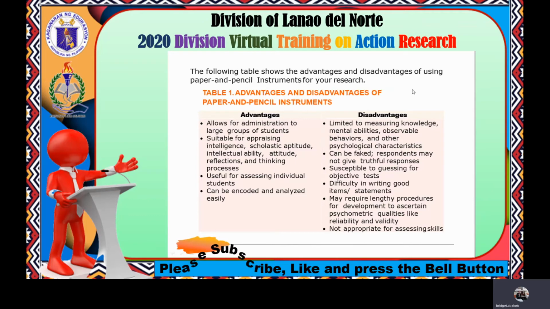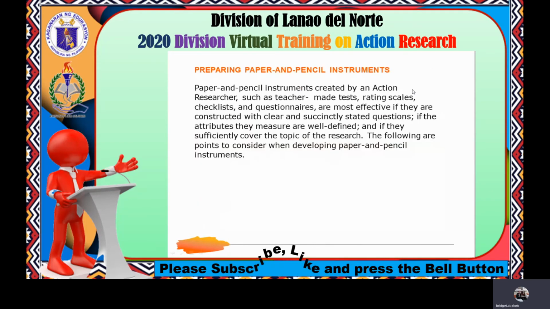Next is how to prepare paper and pencil instruments. Paper and pencil instruments created by action researchers such as teacher-made tests, rating scales, checklists, and questionnaires are most effective if they are constructed with clear and succinctly stated questions, if the attributes they measure are well defined, and if they sufficiently cover the topic of the research.